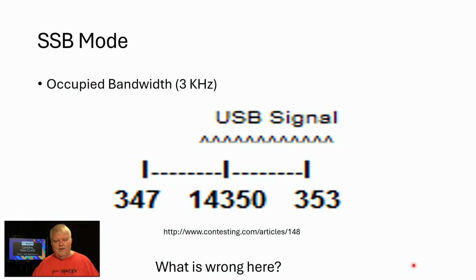Here back on 20 meters, it's above 9 megahertz, so it's upper sideband. Below 9 megahertz is lower sideband. Again, the occupied bandwidth is 3 kilohertz. Well, our radio is indicating 14,350, but we have 3 kilohertz, so our signal is up to 14,353. What's wrong with that? Well, if we look in our color chart, we're going to see that the top end of the 20-meter band is 14,350.